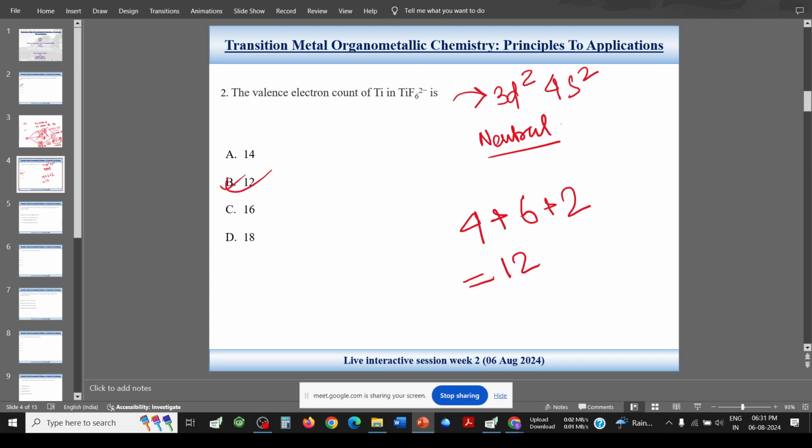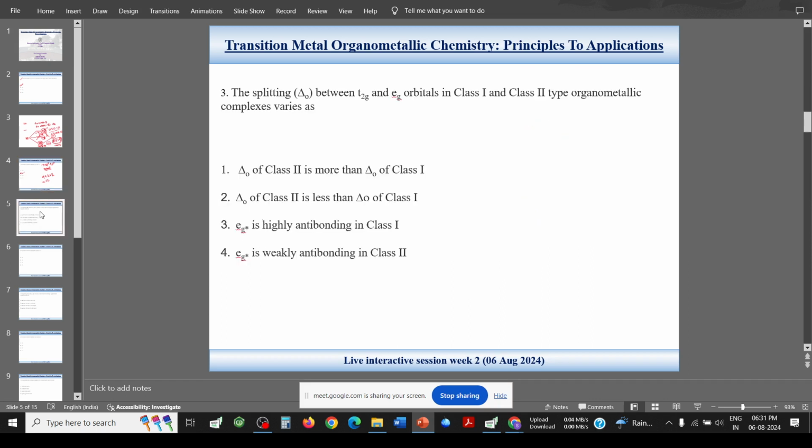Okay, going to the next question. This question is what I was discussing for the first question. It is saying that the splitting of delta 0 between t2g and eg orbitals in class 1 and class 2 type organometallic complexes varies as.